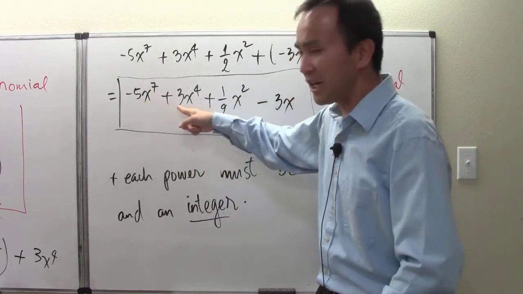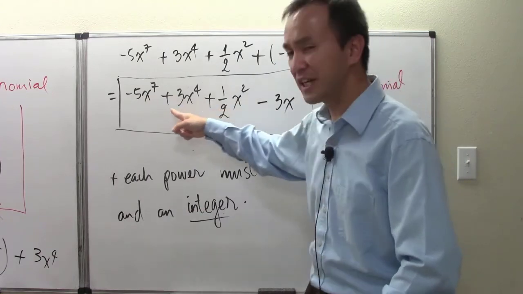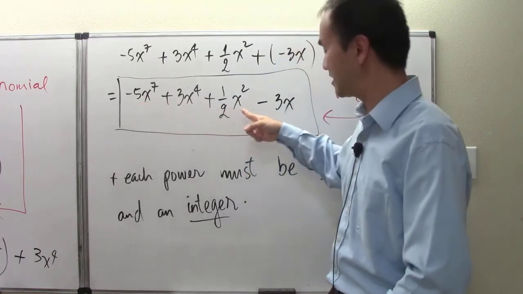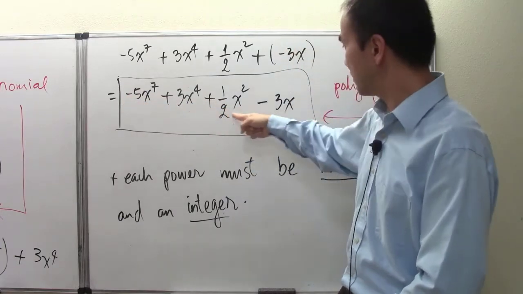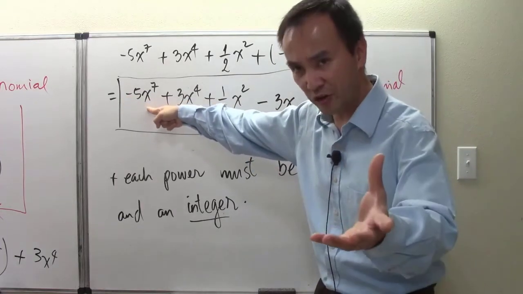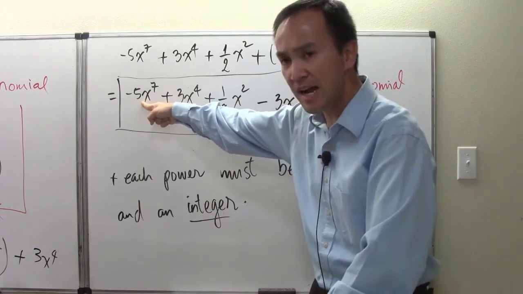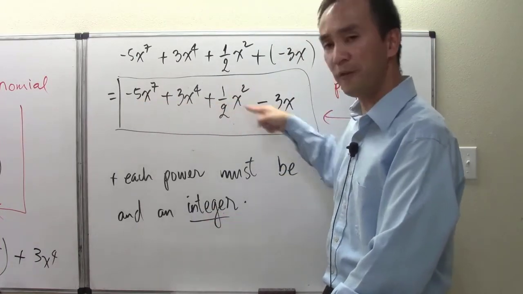And each one of these polynomials, each one of these power functions has a coefficient. Each one of these terms that came originally as a power function has its own coefficient.